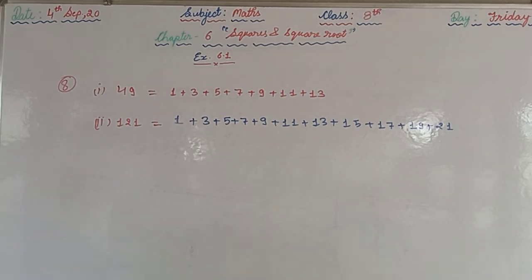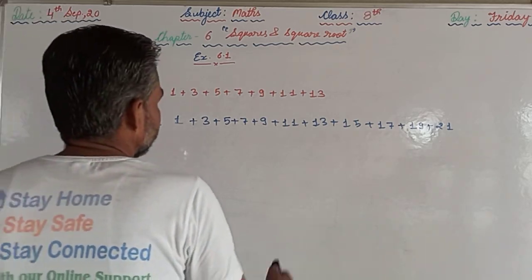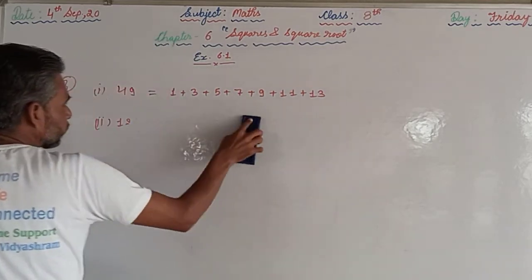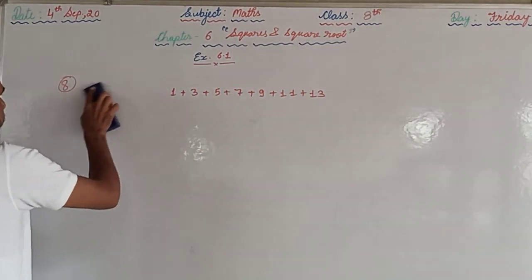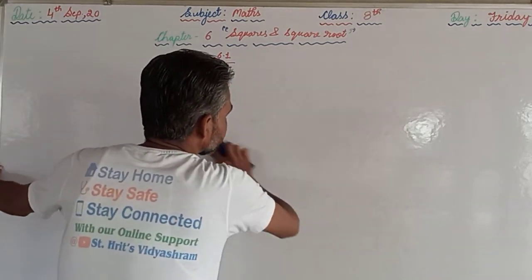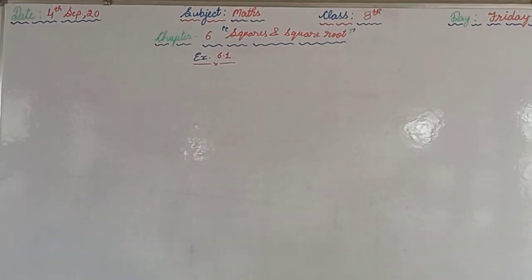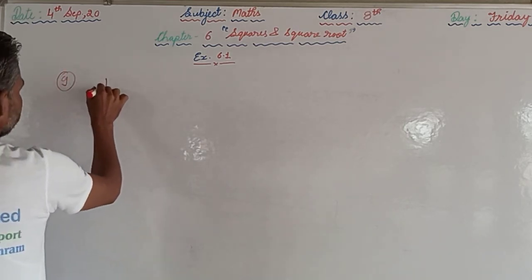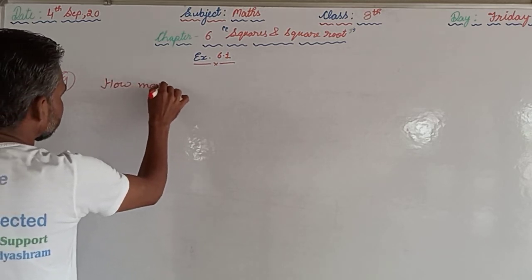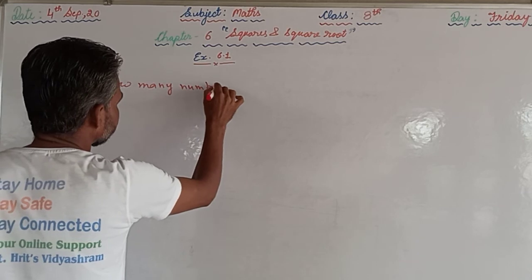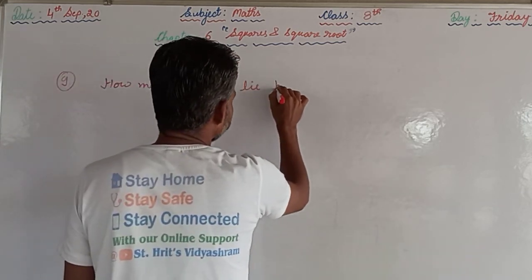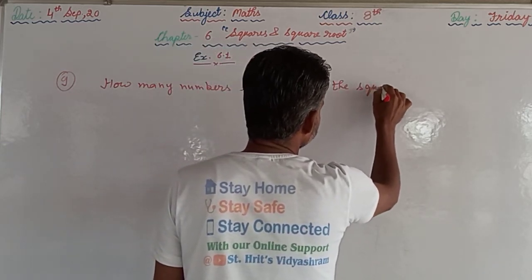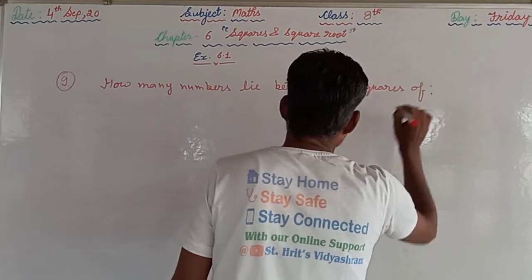Now the last question of this exercise is remaining. That question is question number 9. How many numbers lie between the squares of the following?